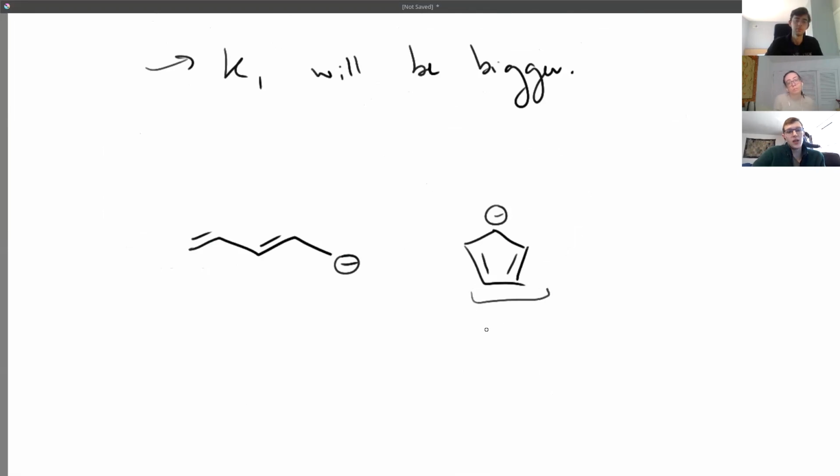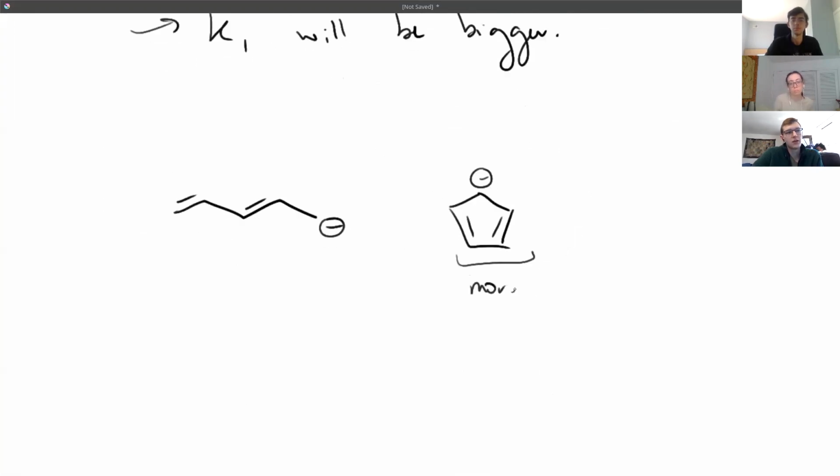This is more stable, despite the fact that it has pretty much everything else the same. And it's more stable because it's aromatic. And if it's anti-aromatic, it'll be less stable than you would expect.